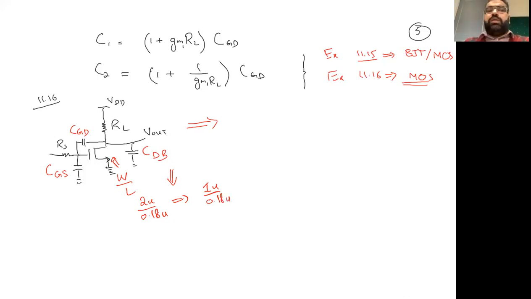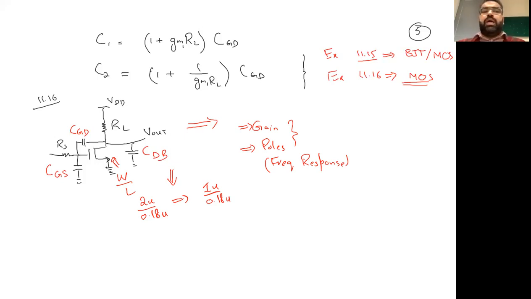So they are asking you to find the gain and the poles, or frequency response, of the system if the width of the MOS in the amplifier we are using has become half.